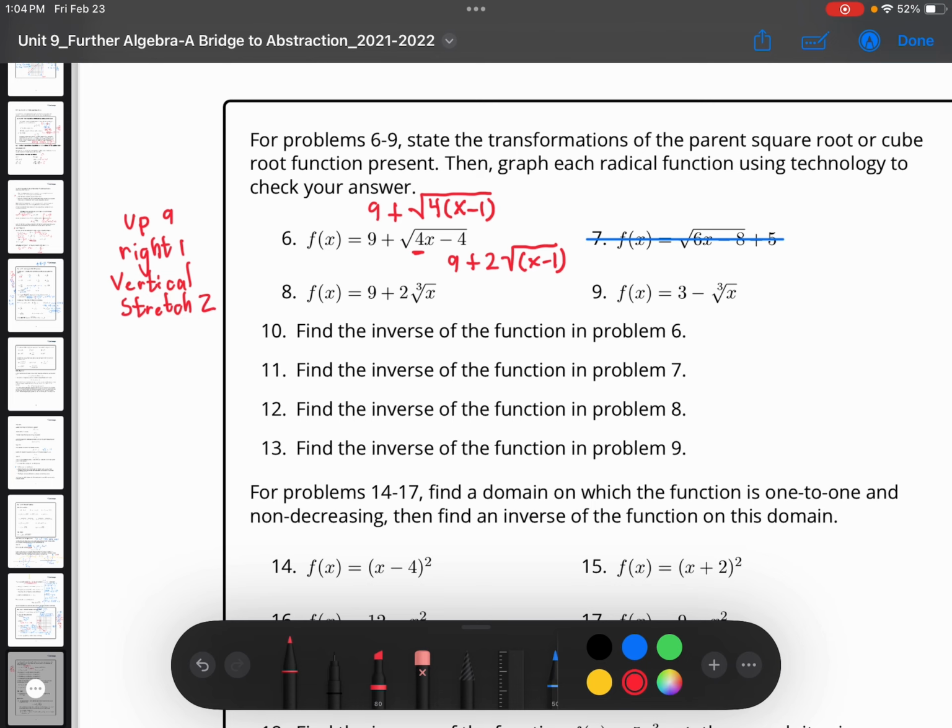Now, if it has a cube root, really it doesn't change the way you write this. So, for example, number 9 would be up 3, and then a reflection over the y-axis because of the negative in front of the cube root.